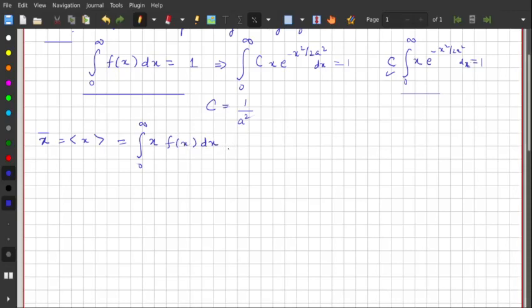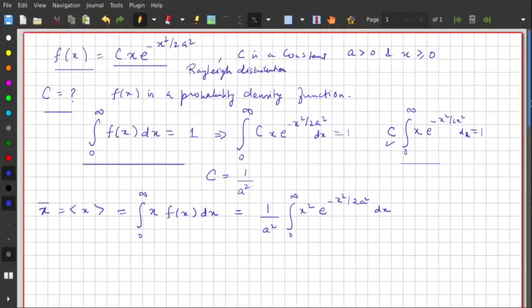So this becomes 1 over a square times the integral from 0 to infinity of x square e to the power minus x square by 2a square dx. From here we can directly evaluate the integral and compute the mean.